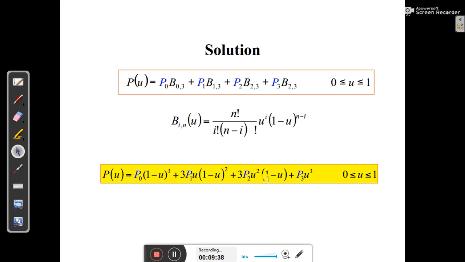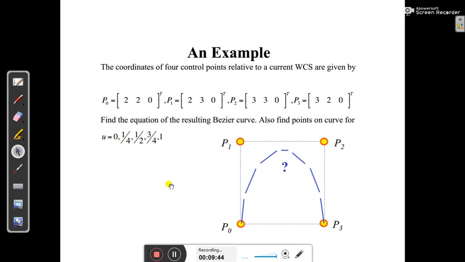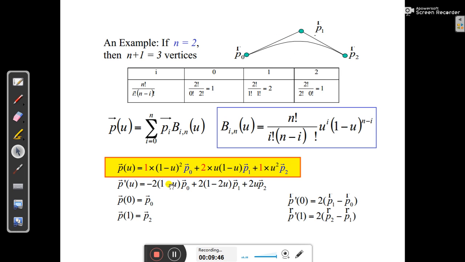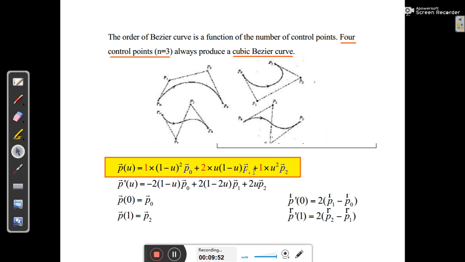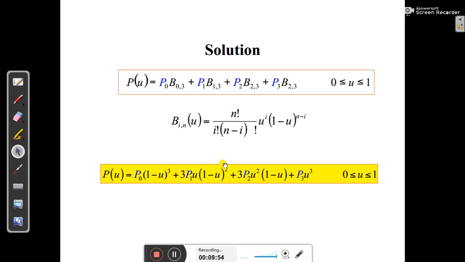And because this is following a cubic polynomial, if you put that in this equation, you will get the same thing. This is for square, but if you put cube, it will become like this: cube, square, square, cube.